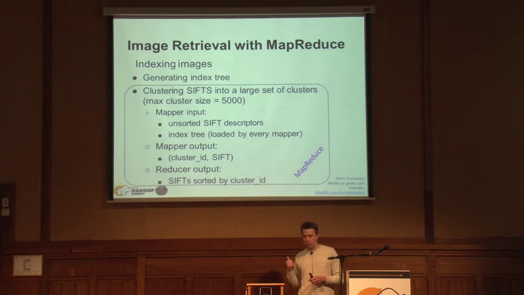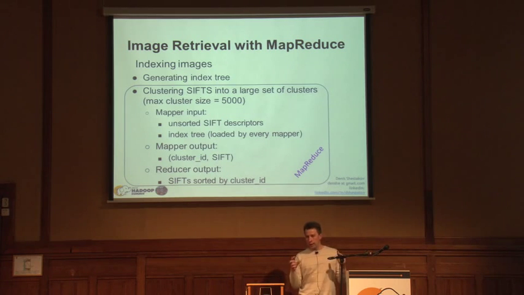But maybe what is more interesting is how we actually do the clustering of our SIFT descriptors. Remember, we converted our original images from our collection into their SIFT representations, which are simply numerical vectors. And then we do the clustering, or indexing, if you like. Here I specified what we have as inputs for our mappers, what we have as outputs, and the reducer output.